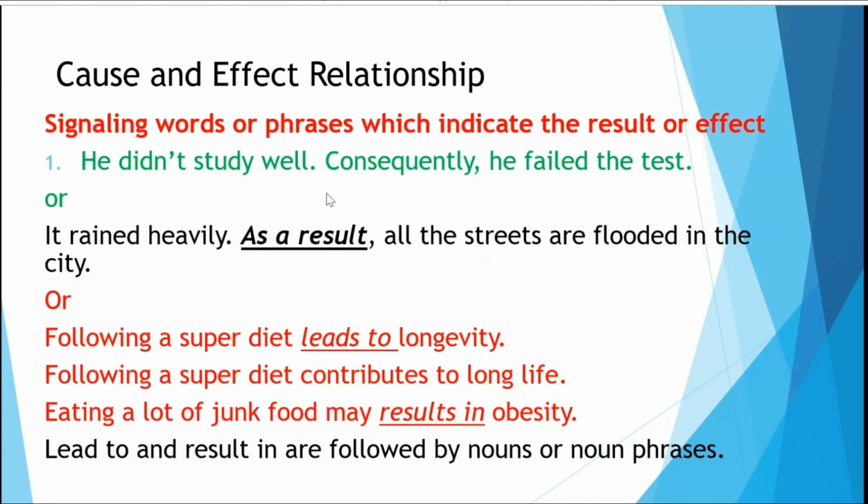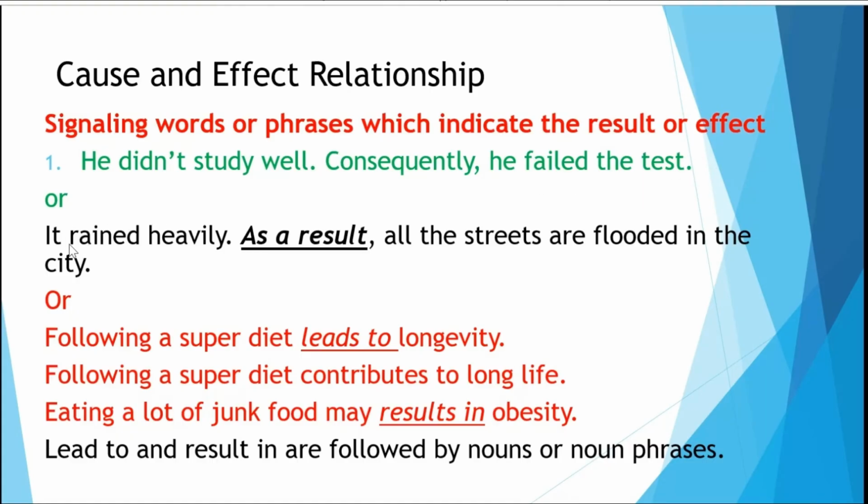Look at some other signaling words or phrases showing the result of something. He didn't study well. Consequently, he failed the test. So you can also use consequently in sentences, putting a comma after it and completing the rest of the sentence.